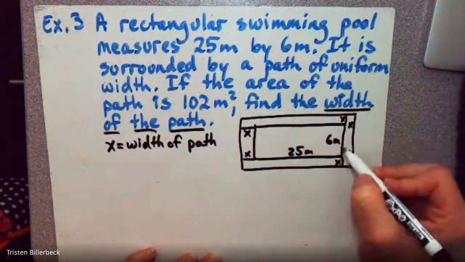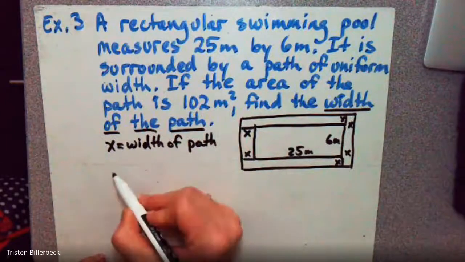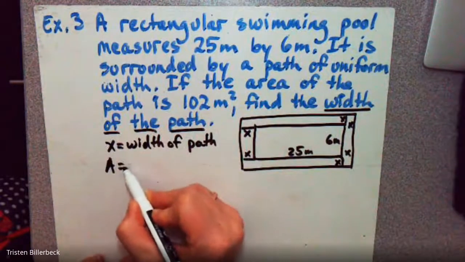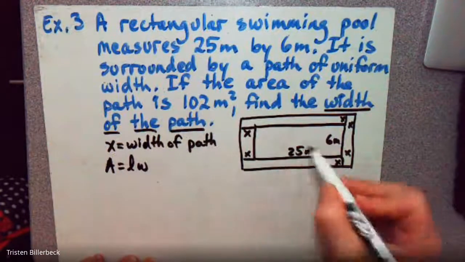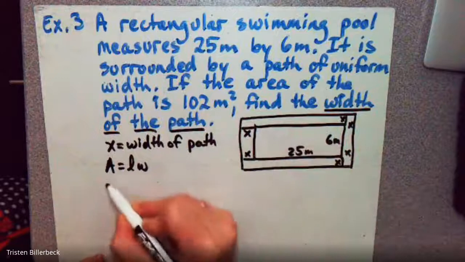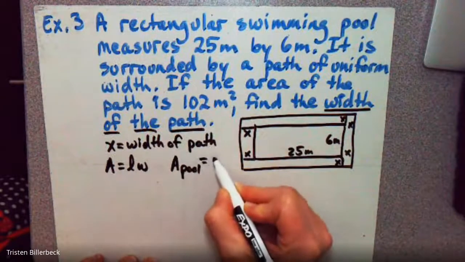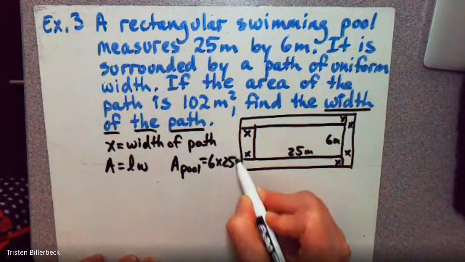Okay, so when we write the area formula, area is length times width, and we know that the area of the pool is 6 times 25.